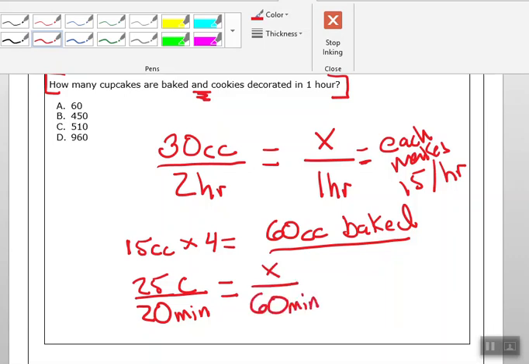And so that is going to give me 75 cookies in 1 hour. Cookies decorated. And when I do that 75 times my 6 decorators, I get 450 cookies.